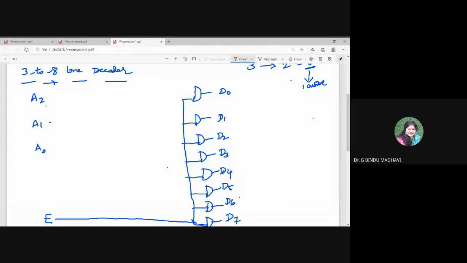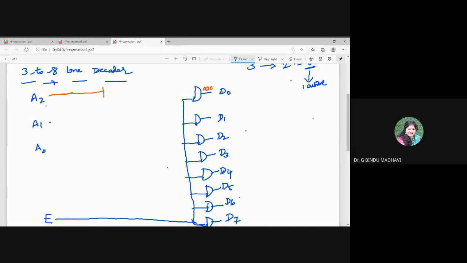Right. So D0 is the combination of all 3 inputs. It will be activated if all the inputs are 0. Zero is represented here with a complement.